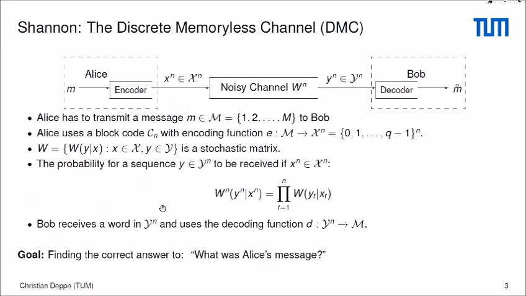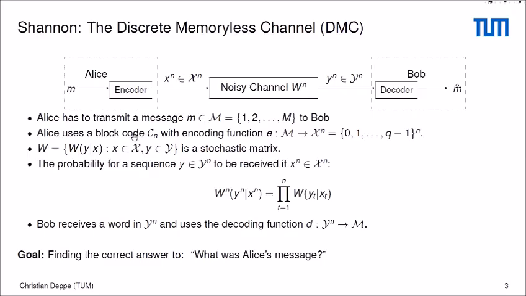Let's start with the discrete memoryless channel, which you should all know. This was introduced by Shannon in 1948. Here, Alice has to transmit a message to Bob. And Alice uses a block code and an encoding function E to map the messages to a sequence of length n.